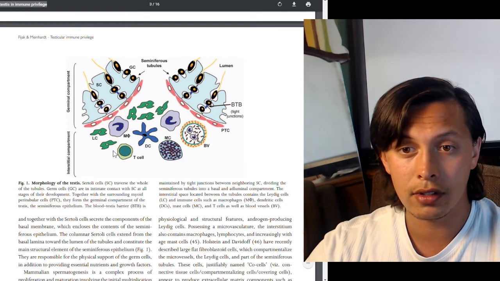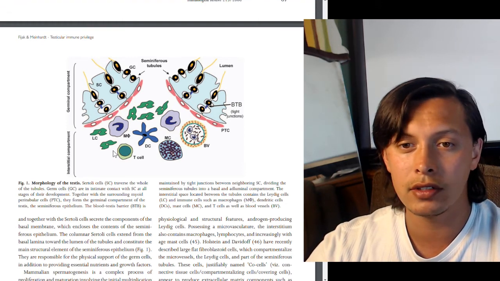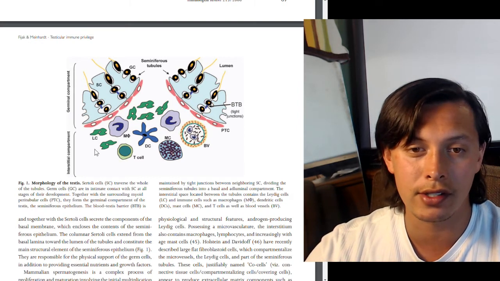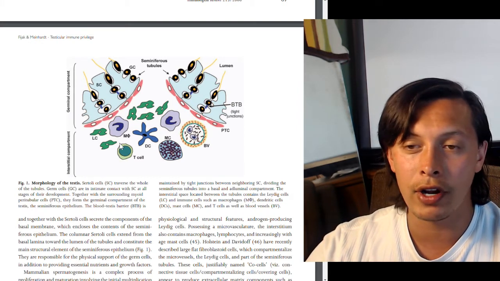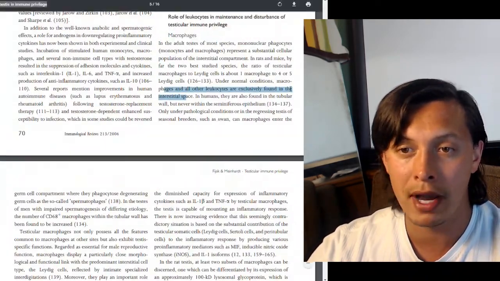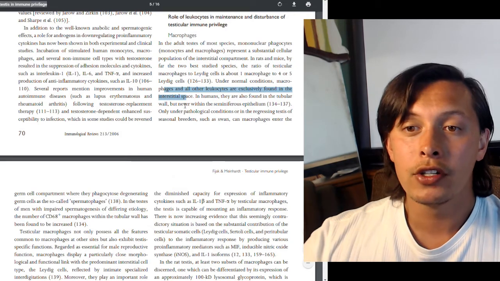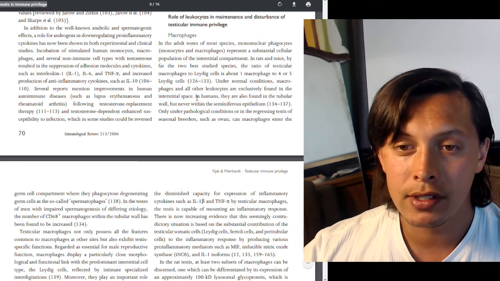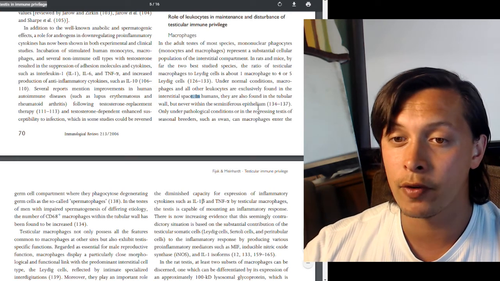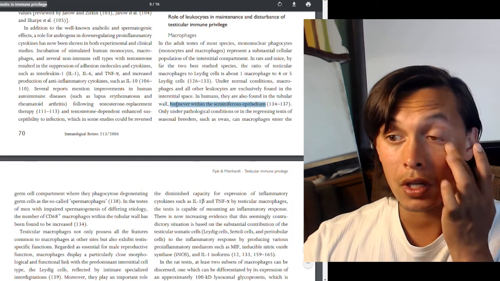I should have said these are Sertoli cells. If I misspoke, sorry. But here you have your Leydig cells, and for every 4 or 5 Leydig cells, you have 1 macrophage. Okay, so in humans, they are also found in the tubular wall, but never within the seminiferous epithelium.